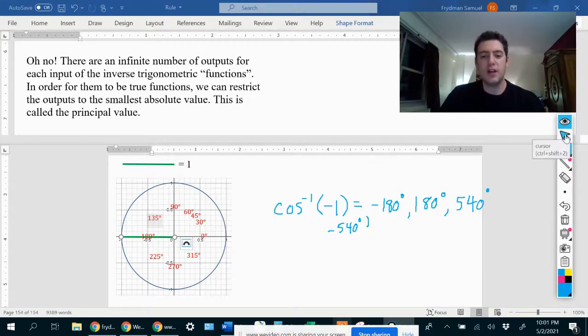So if you go to a calculator and you plug in the inverse cosine of -1, it's not going to give you 540. It's not going to give you -540. It's not even going to give you -180, even though the absolute value of this is the same as the absolute value of this. In the case where you have two answers with the same absolute value, it would give you the positive one.